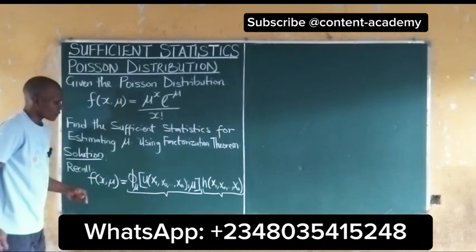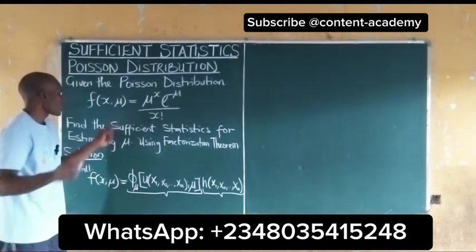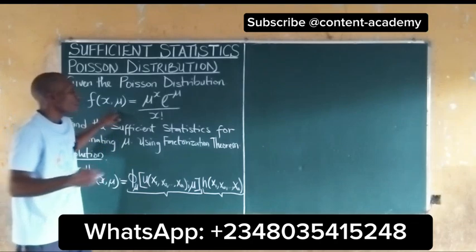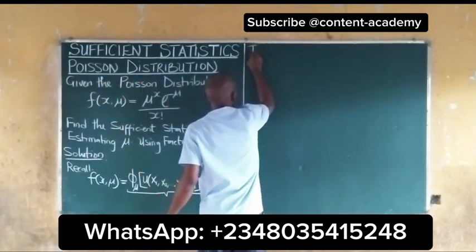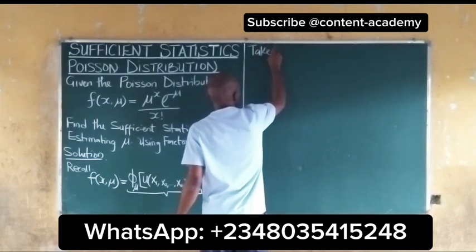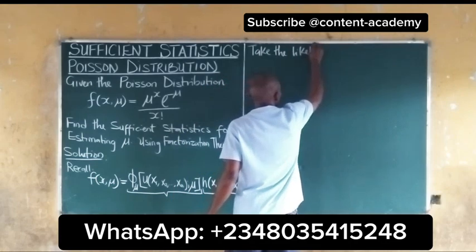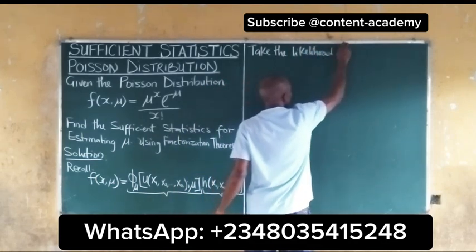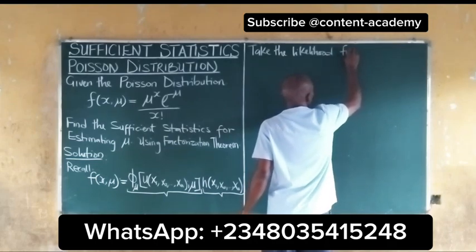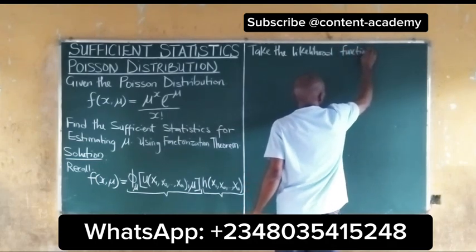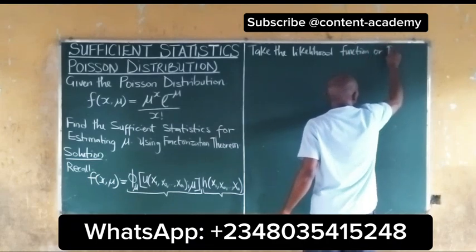So the first thing to do is to take the likelihood function of the given distribution, or we better call it the product.